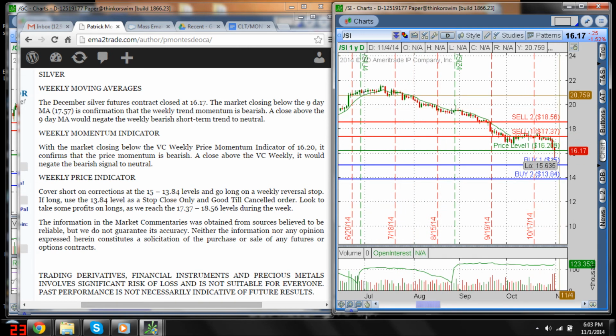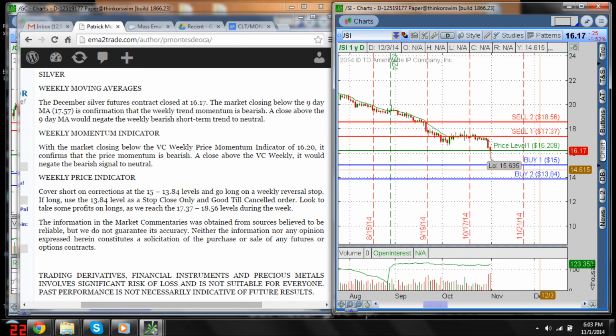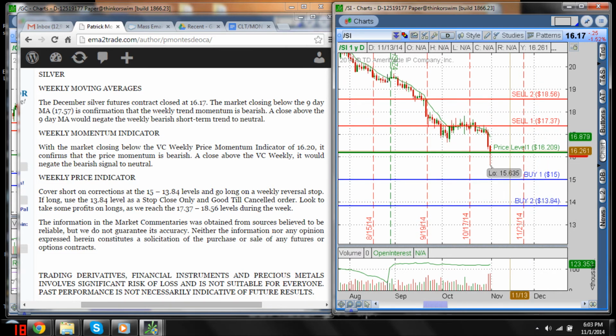But if it was to close above the 1620 any day next week, this bearish sentiment would be negated, and the market would turn into a bullish trend.